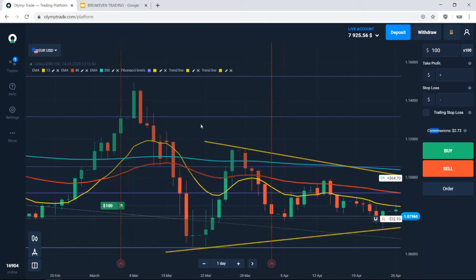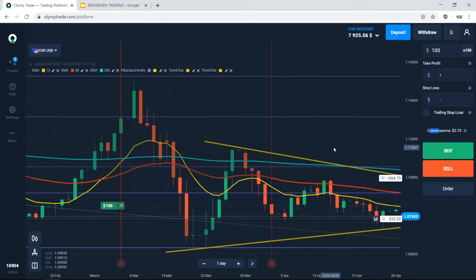Whenever we are setting our stop loss, we can, for example, use the maximums and the minimums, which are also called the highs and the lows of the price movement. We can also use trend lines, which of course act as levels of support and resistance.